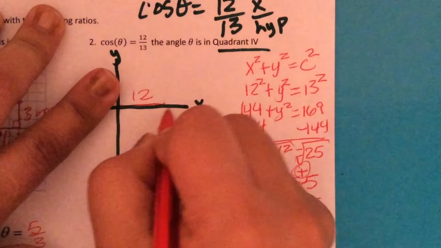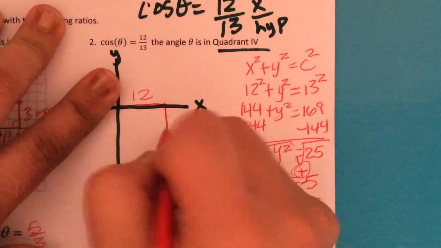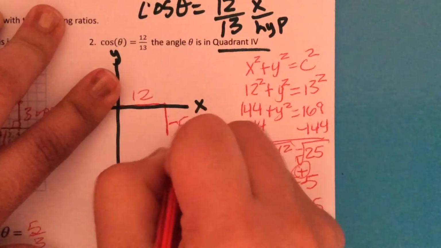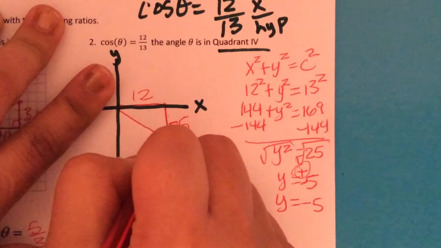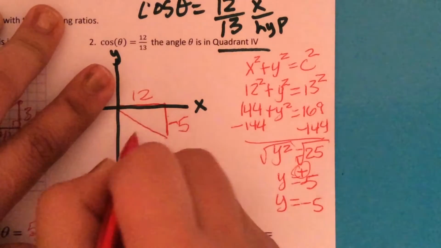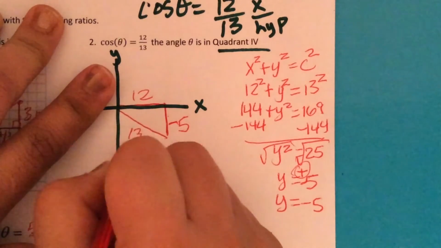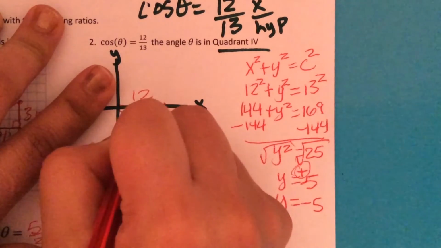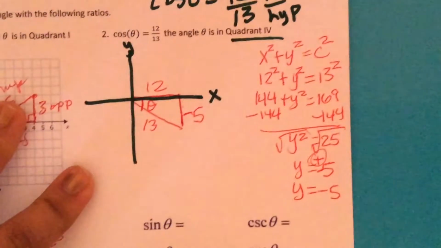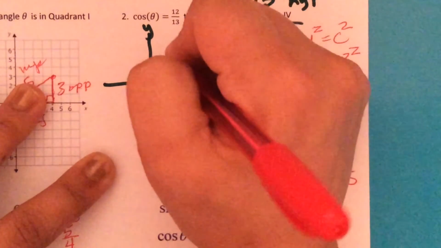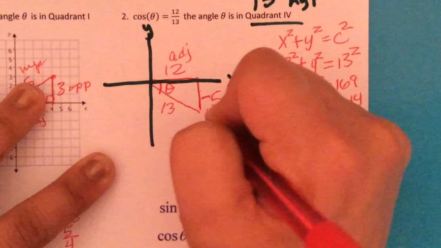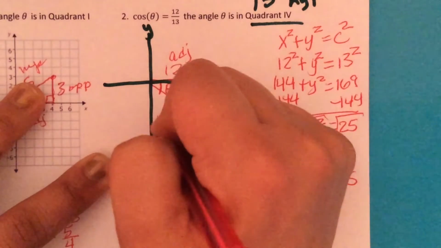Your X value is 12. Your Y is -5. And then you have this right here, the hypotenuse, that's 13. And then this is your angle right there. Okay? So now you have, this is your adjacent. This is your opposite. This is your hypotenuse.